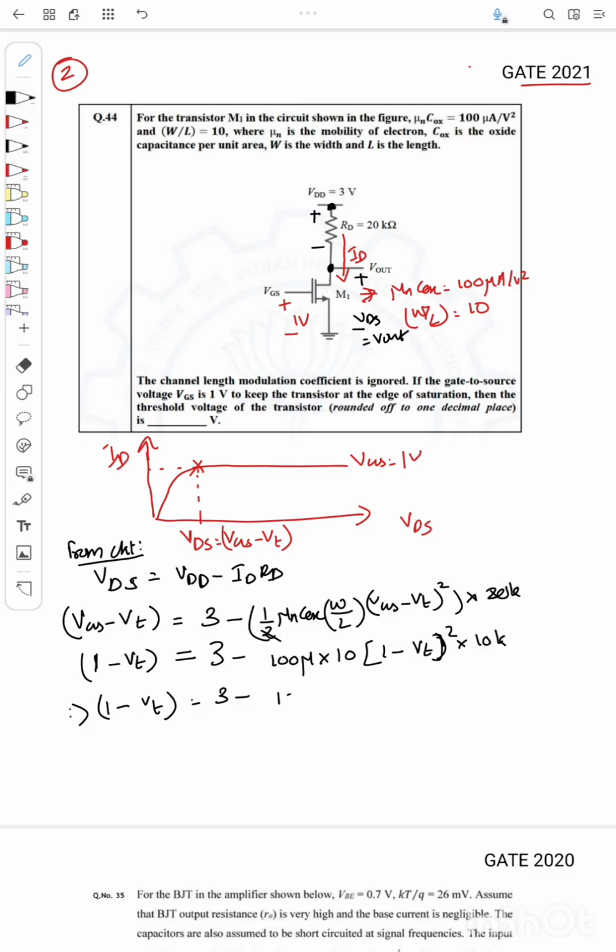Right. So this will be equal to 10 into, if I expand this, 1 minus 2 VT plus VT square. Now if I expand this, this will be equal to 3 minus 10 minus 20, not minus, plus 20 VT minus 10 VT square.